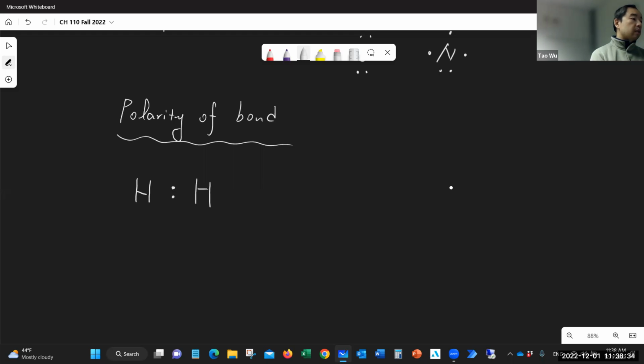In this case, the electrons in the middle are not statically sitting there. They're going to move around. And the two hydrogens are constantly pulling the electrons to each side.